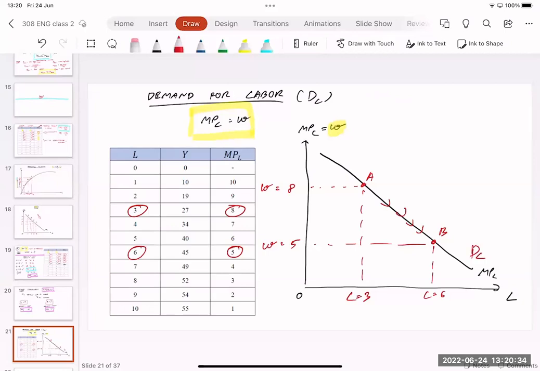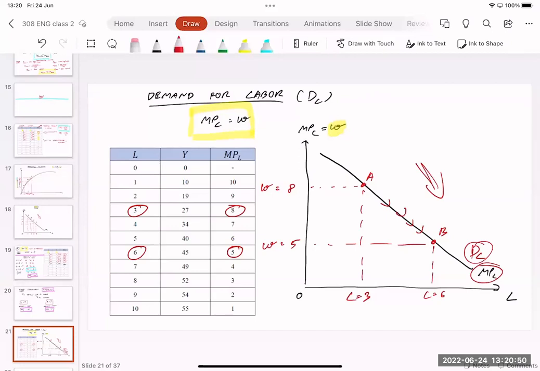You got it? Demand for labor actually comes from the MPL curve, just changing the vertical axis from MPL to W. And demand for labor always has a negative slope. Labor and any product are the same.